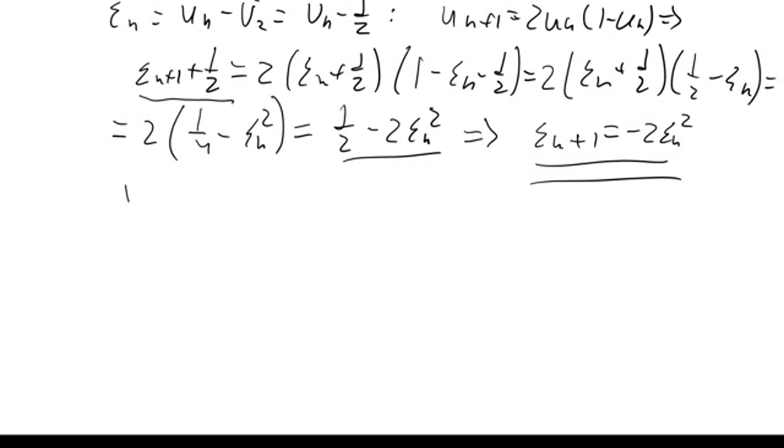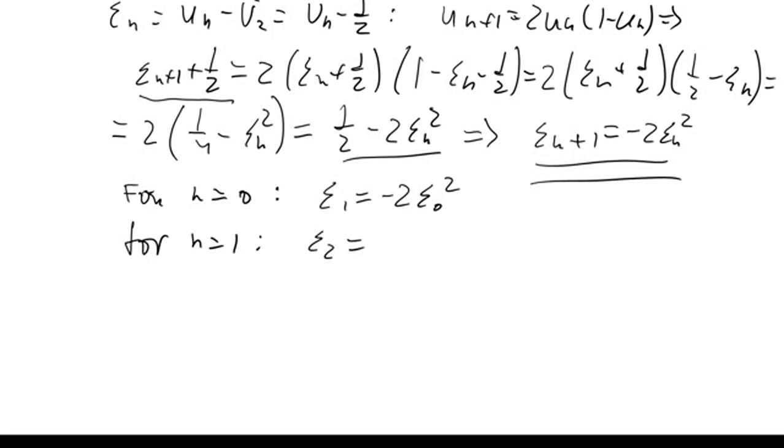For n equal to 0, we will have epsilon 1 equal to minus 2 times epsilon 0 squared. For n equal to 1, we will have epsilon 2 equals minus 2 times epsilon 1 squared, and epsilon 1 is here, minus 2 times minus 2 epsilon naught squared, and this will be minus 8 times epsilon naught to the power of 4.